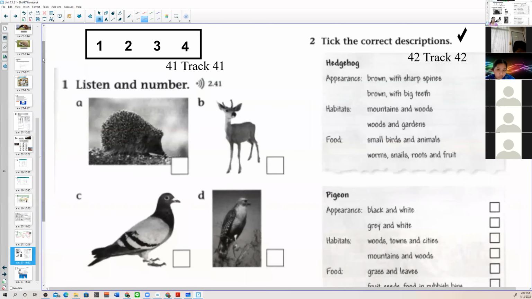Okay, now on exercise number 1, look at your picture and my picture on the screen. That's different, right? But we still got 4 animals, right? So in your book, on a deer picture, they put number 1 there, correct? I would like you to erase number 1 off in the box.